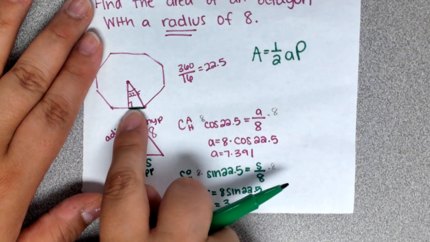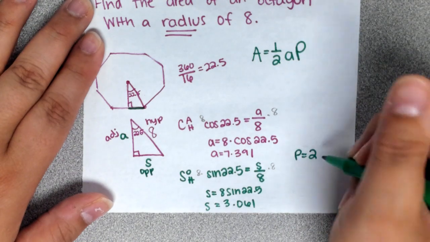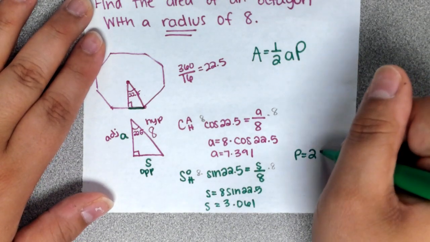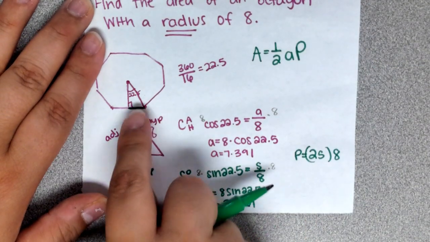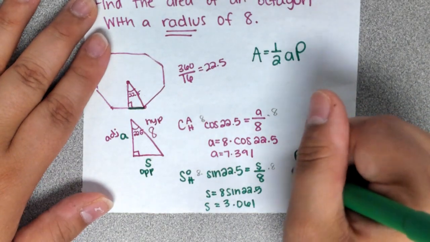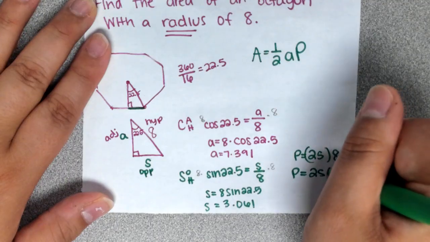So to find the perimeter, I'm going to multiply it by 2, and then I'm going to multiply it by 8 sides. Because 2 times s gives me a full side, then multiply it by 8. So in your calculator, write P equals 2s times 8.